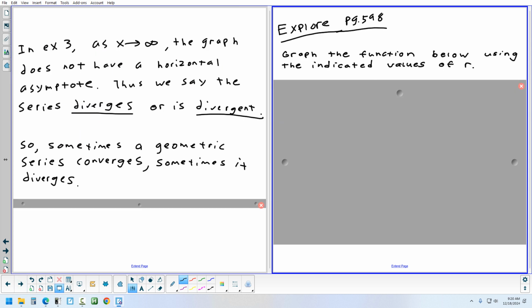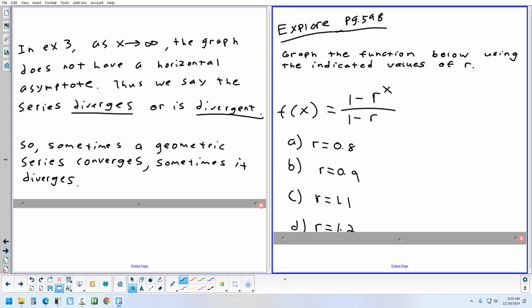So let's try different values for r and see what happens. Okay, so let's try it on the calculator. So this is the formula we learned yesterday. This is the formula for the sum of a geometric sequence. I'm going to try different values for r and see if I notice which ones are getting closer to a number and which ones are not.